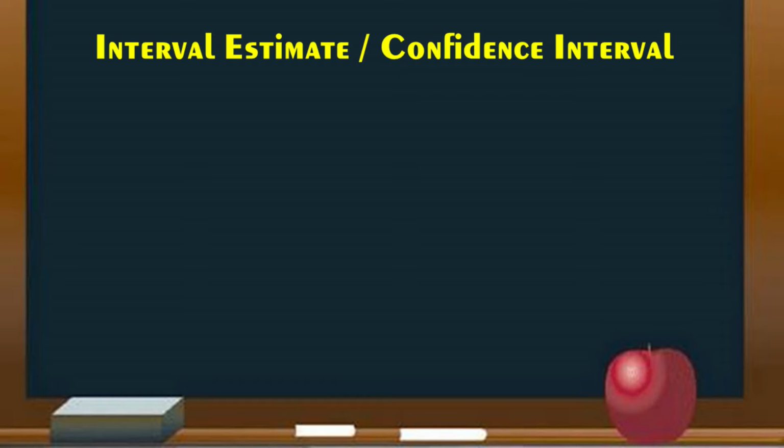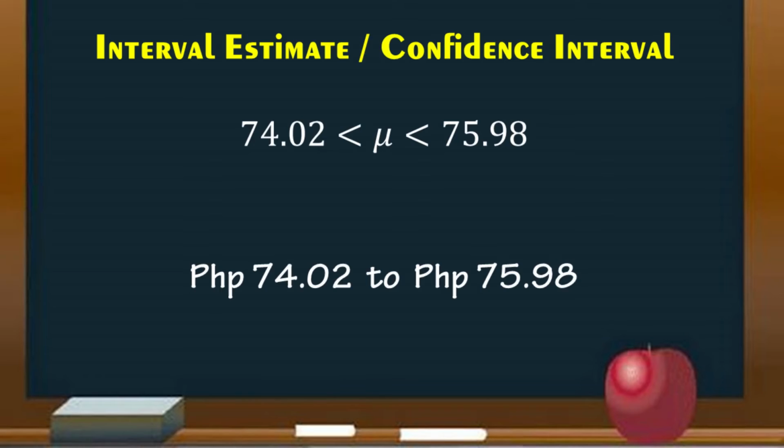We can conclude that the confidence interval is 74.02 to 75.98, or it is read as the population mean is less than 75.98 but greater than 74.02. This means that we are 95% confident that the interval between 74.02 pesos and 75.98 pesos contains the population mean based on 100 grade 11 students' spending in a day during school days.